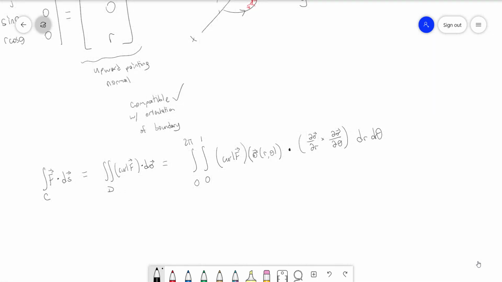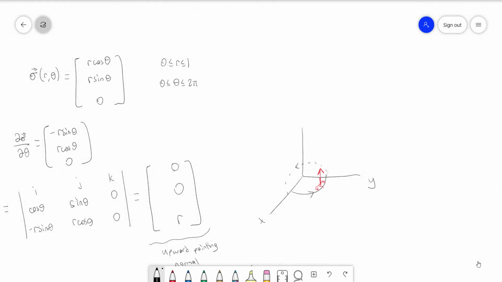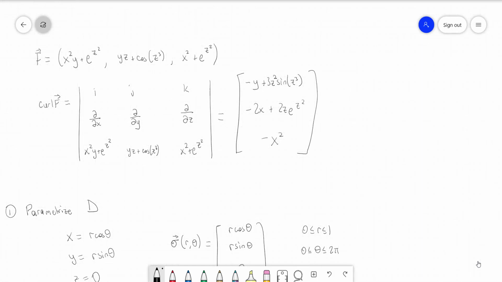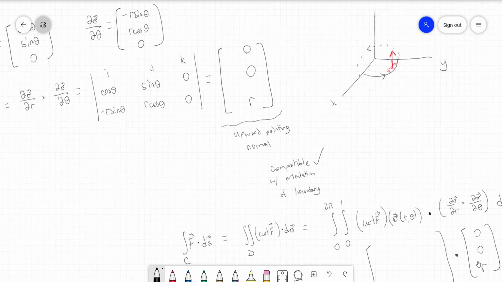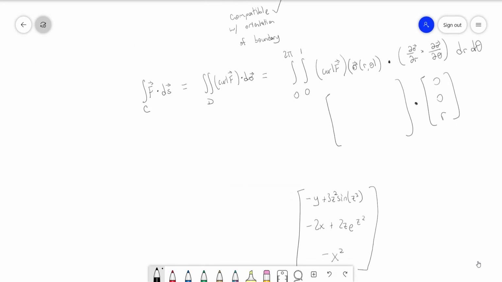This vector was 0, 0, r. I'm doing a dot product with the curl vector. We computed the curl earlier, so let's copy that result down. That was the curl of f.